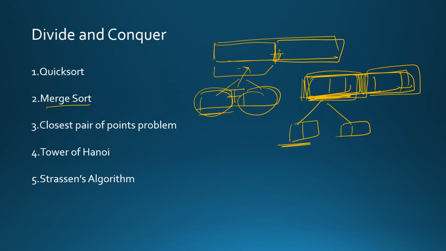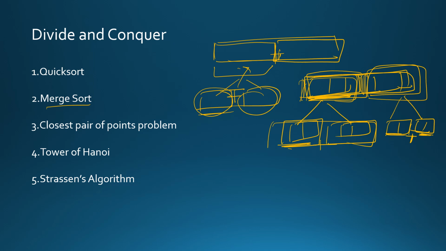We sort these two parts and then club them to get the final result for this part. Similarly for this part, we divide it into subarrays, calculate the sorted parts, and then merge them to get the result. After getting the result for these two parts, we club these two to get our final sorted array.